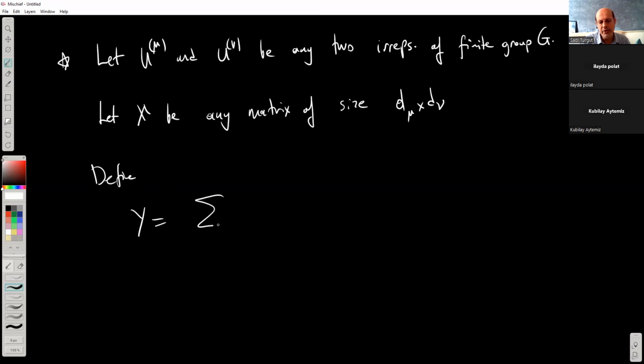First of all, there's a summation over all group elements. I'm going to multiply U mu Hermitian conjugate. Basically, this is the inverse of that matrix because U mu is unitary. In any case, let's just write it as Hermitian conjugate. I multiply this with the X matrix from the left, and then from the right, I'm going to multiply it with U nu.